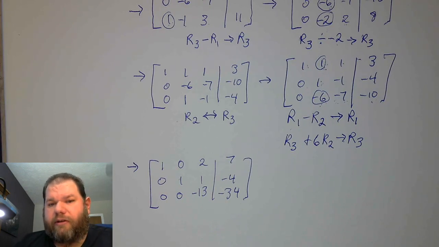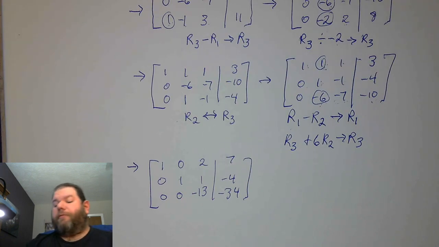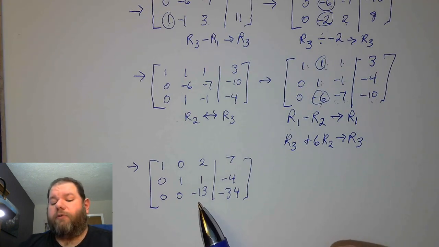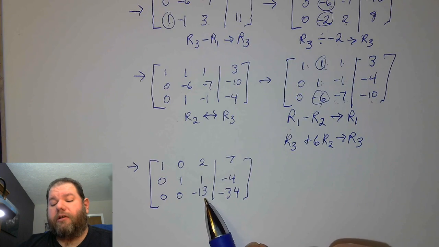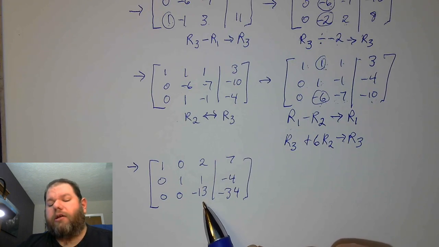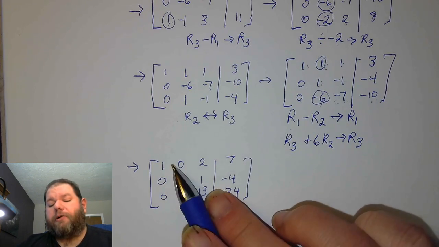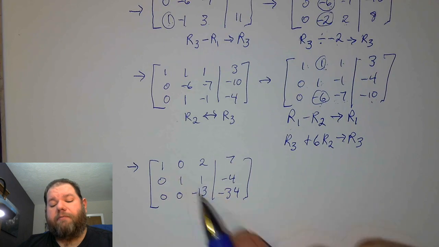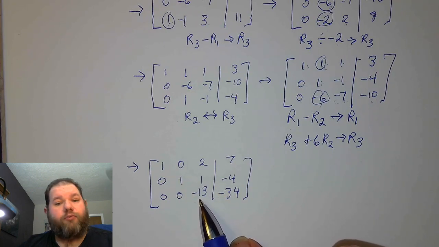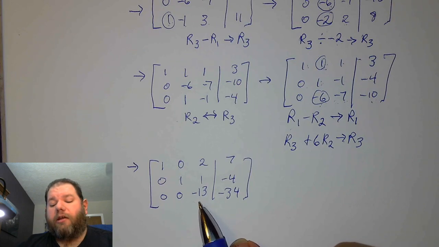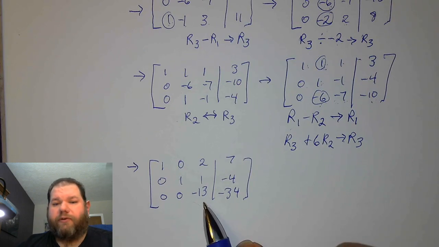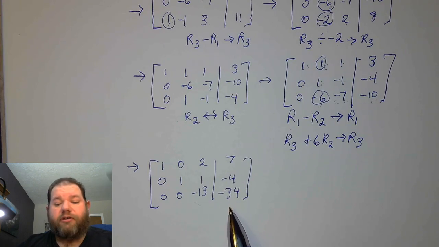The issue in this problem is that once we want to make this last term 1, the only tool that we have at this stage, without changing any of our other parts that we already got where we wanted, is to divide this third row by whatever number is here. And unfortunately 34 is not a multiple of 13. So it means we will have a fraction.